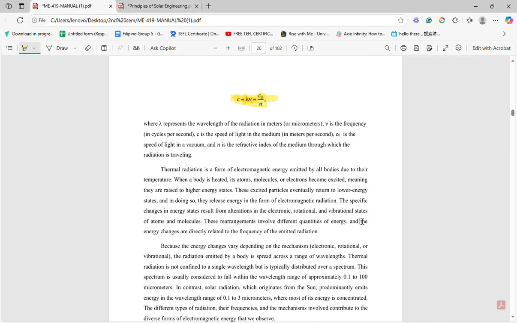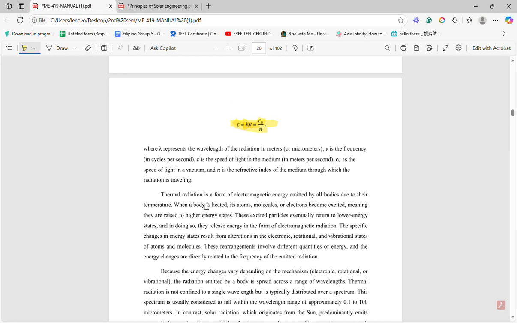Thermal radiation is a form of electromagnetic energy emitted by all bodies due to their temperature. So when a body is heated, its atoms, molecules, or electrons become excited, meaning they are raised to higher energy states. Those excited particles eventually return to lower energy states, and in doing so, they release energy in the form of electromagnetic radiation.